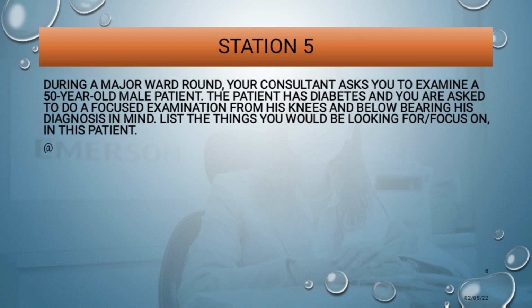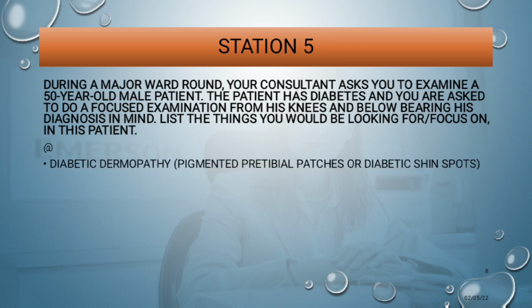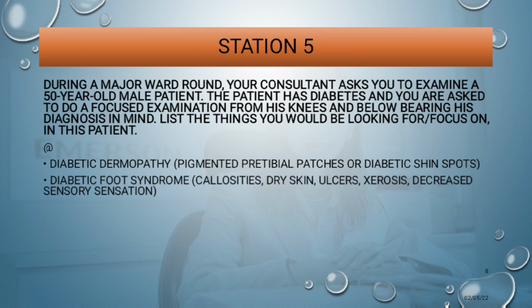You can also look for any diabetic dermopathy, which are pigmented pretibial patches or diabetic shin spots. You can also look for any diabetic foot syndrome, so is there any callosities, dry skin, ulcers, xerosis, or decreased sensation. Those are some of the diabetic foot syndromes.